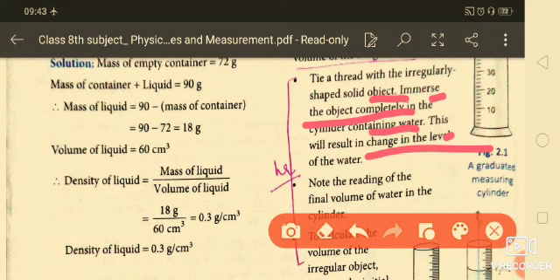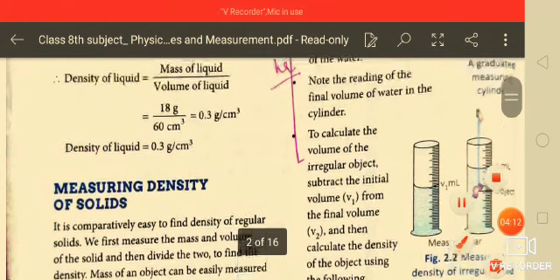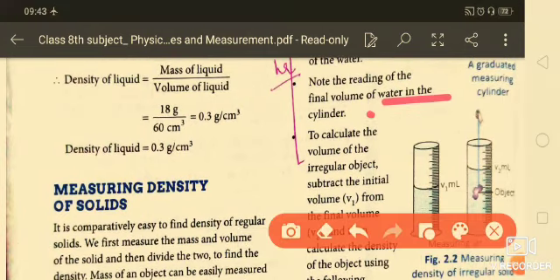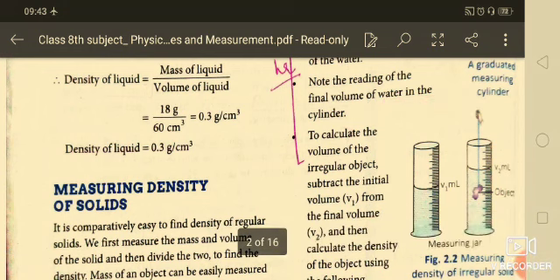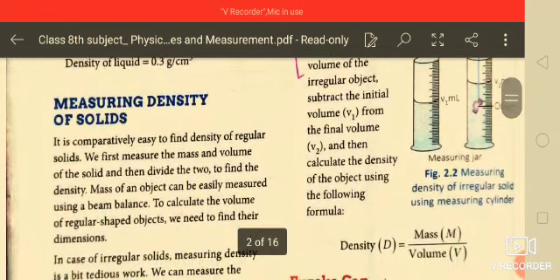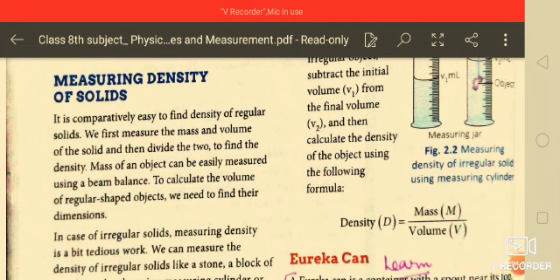This will result in a change in the level of water, and you will note the reading of the final volume of water in the cylinder. To calculate the volume of the irregular object, subtract the initial volume from the final volume, and then calculate the density.